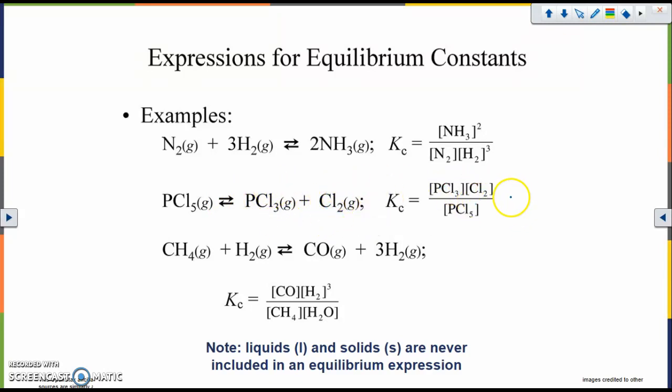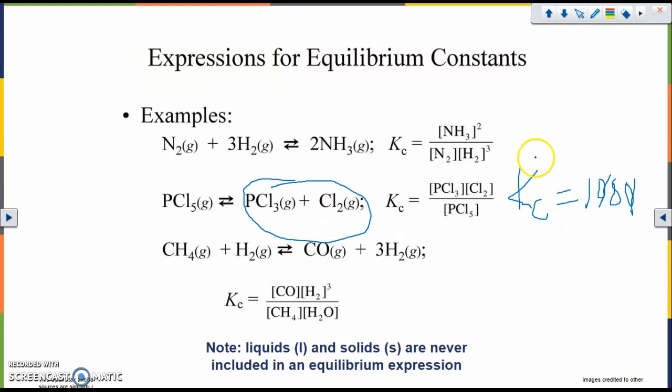What if I tell you that the Kc of this reaction is, I'm just going to make up a random number, 1080. I don't know why that number came to mind, but 1080. What does that tell you? That tells you that the dominant species at equilibrium is going to be the products. Why is that? Because Kc is bigger than 1.